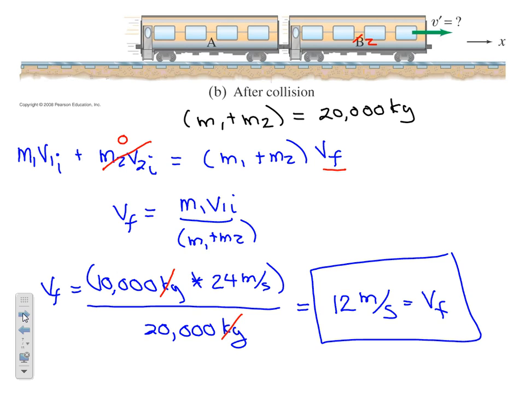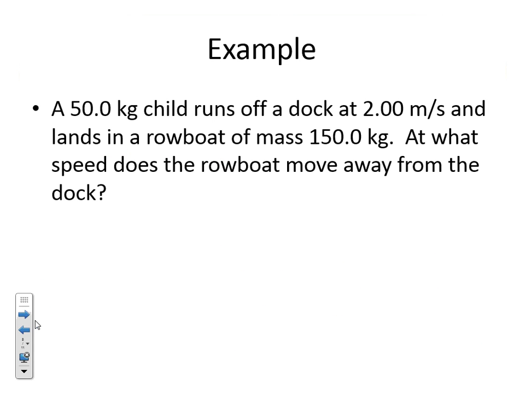In our next example, we have a child who's on a dock and runs into a boat. So there's the child running this way, going to run into a rowboat. So there's the rowboat. So there's our before picture.